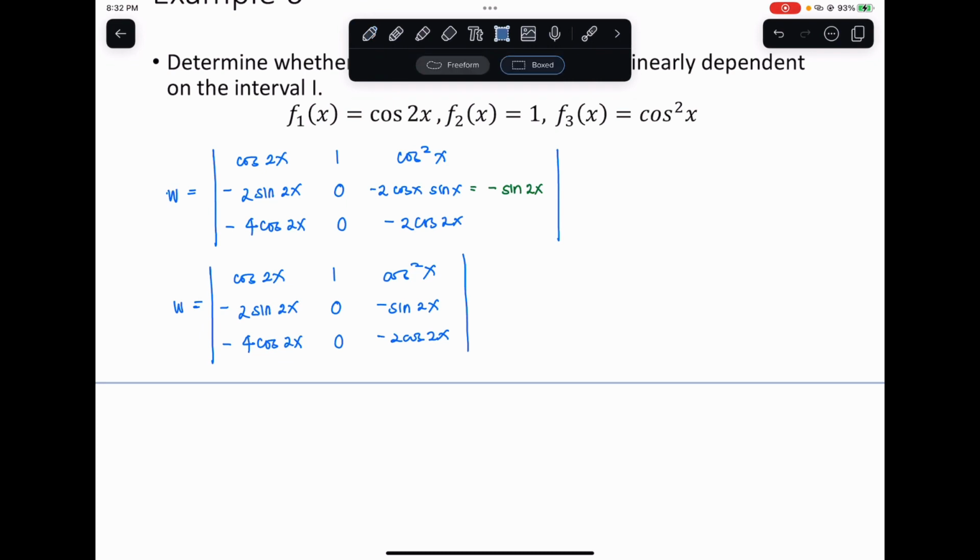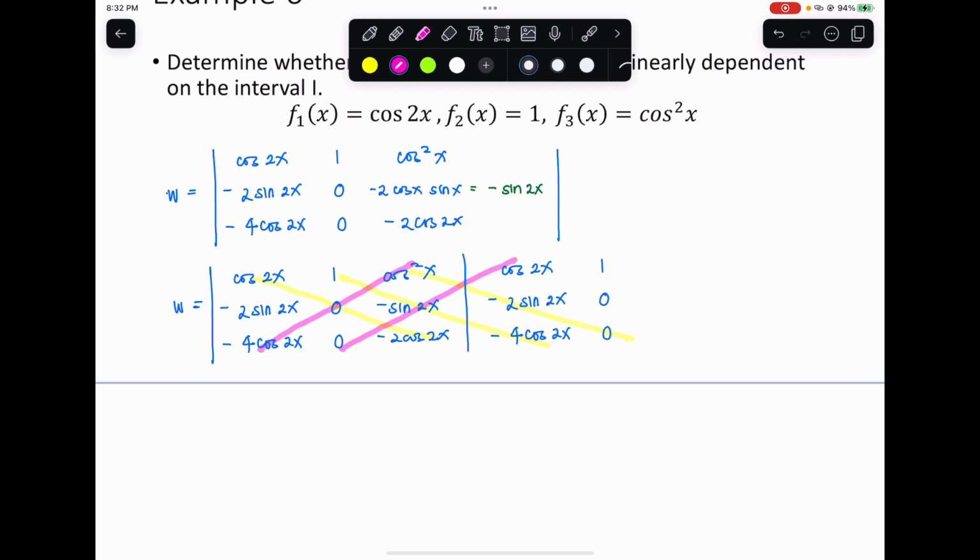And then we copy the first two columns, and we write our diagonals: downward, downward, downward, then upward, upward, upward.